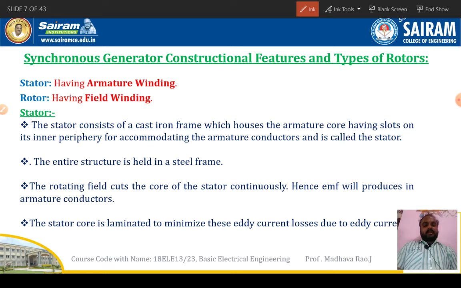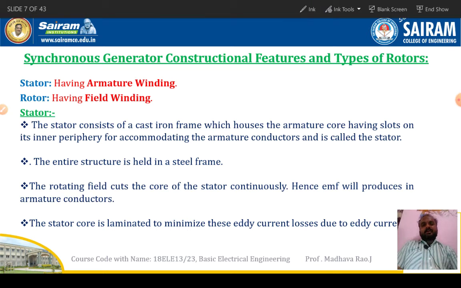According to Faraday's laws of electromagnetic induction, EMF is produced. The principle is that whenever a conductor cuts magnetic flux, EMF is produced in that conductor. Here EMF is produced in the synchronous generator.